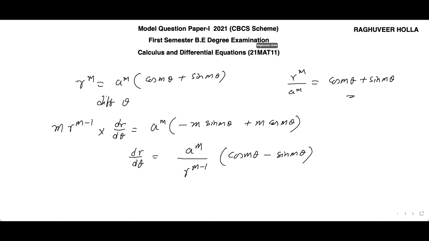Further, now on the left hand side, still we have, that is, r into dr by d theta, r into a to the power of m by r to the power of m into cos m theta minus sin m theta.